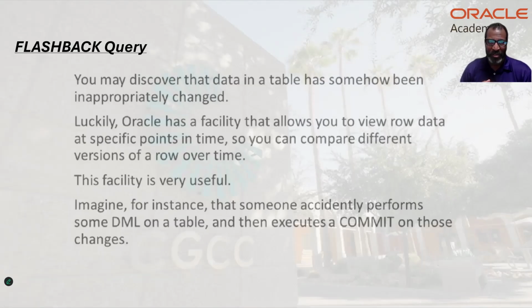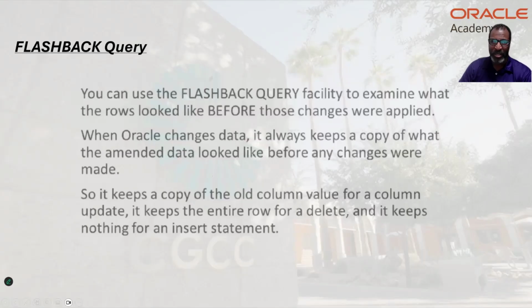Oh, we did talk about the flashback. So you may discover data in a table that somehow has been inappropriately changed. Oracle has a facility that allows you to view how the data has been changed. It can be very useful. You can look back and say, well, that was changed, and I don't think that's correct.